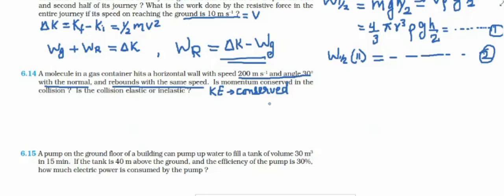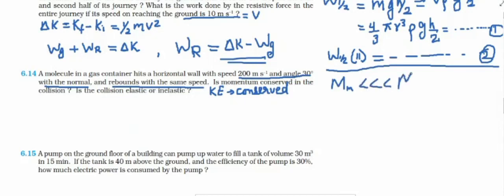But take the case of the wall. The mass of the wall is extremely high compared to the mass of the molecule. So we can say the mass of the molecule is much less than the mass of the wall.